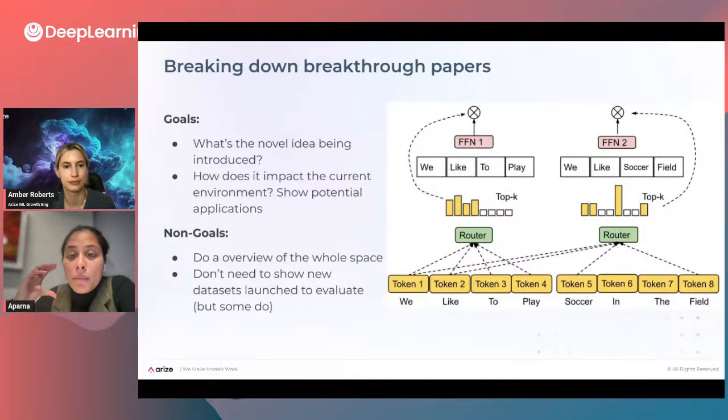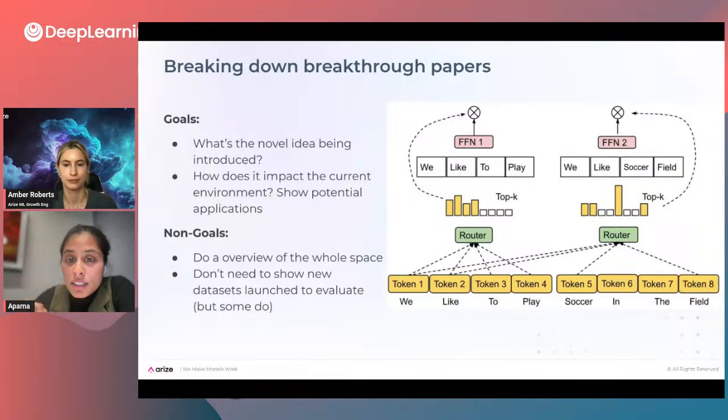If you're trying to learn about a novel area or a new idea, first confirm that it actually is a breakthrough paper, not a benchmark or a survey paper. If it is, what's the novel idea being introduced? This is the key thing we're trying to take away when reading a paper.